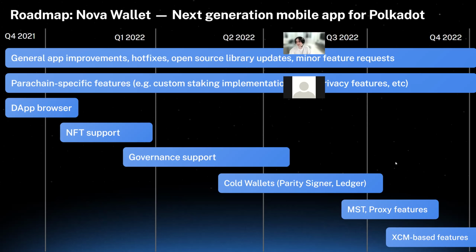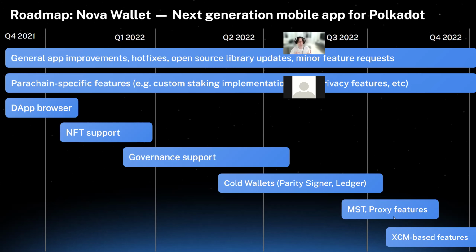And there are other features like multi-signature support and proxy support, and the same goes, like I just mentioned, for the governance. We are not only implementing the support of these features, but we also want to educate users how to properly use these features, because they are very useful features for the users, right?